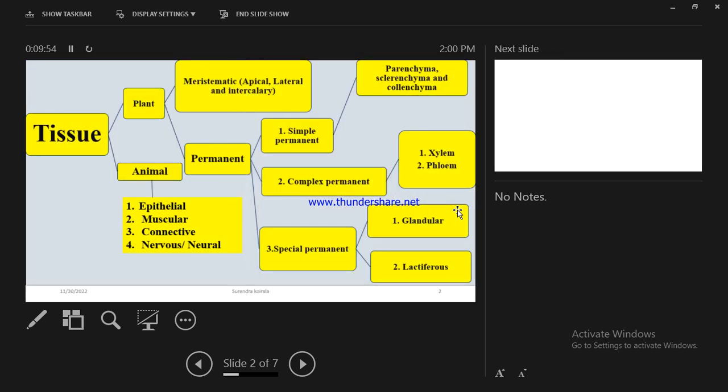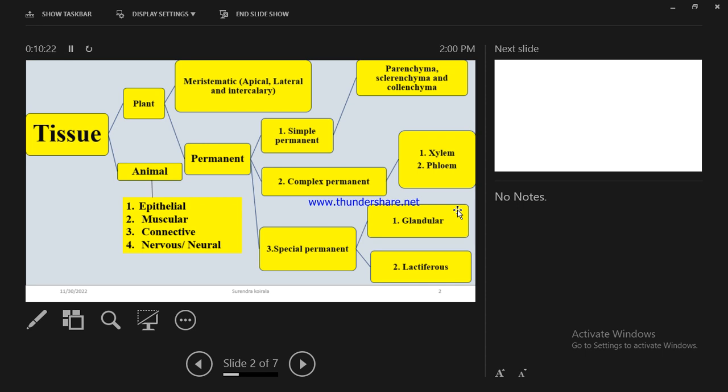Similarly, histology is the branch of science which studies tissues, and there are generally two types of tissues: plant tissues and animal tissues. Plant tissue means the tissue that is present in plants, and animal tissue is that which is present in animals.